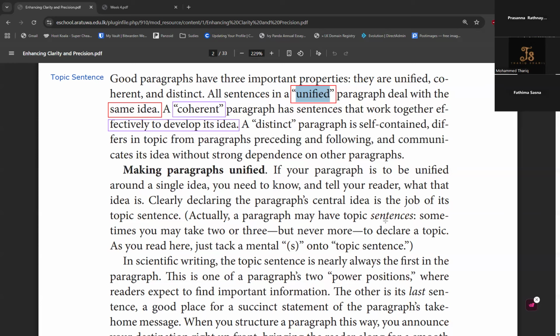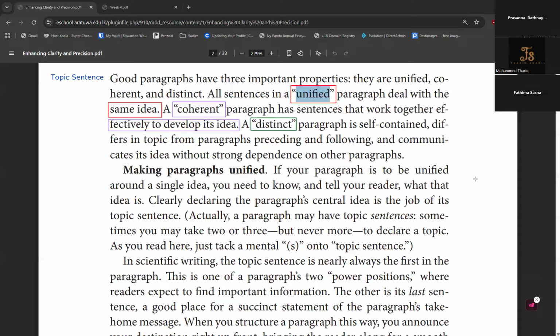Well, what does distinct mean? I'm reading. A distinct paragraph is self-contained, differs in topic from paragraphs preceding and following. Now, this is the very important thing. When a paragraph is considered, a paragraph has not just one sentence. It has several sentences.